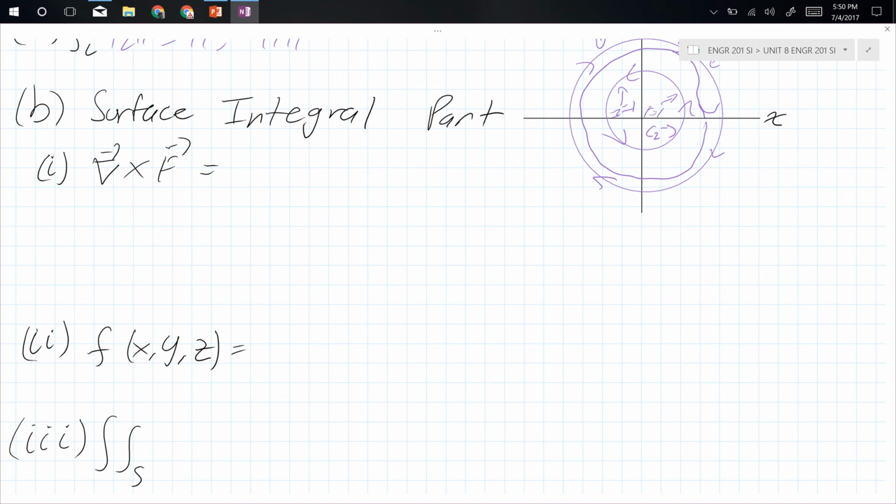We're going to start with our force, which is M i plus N j plus P k.